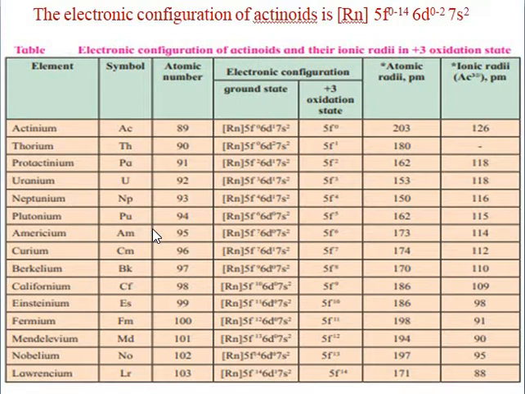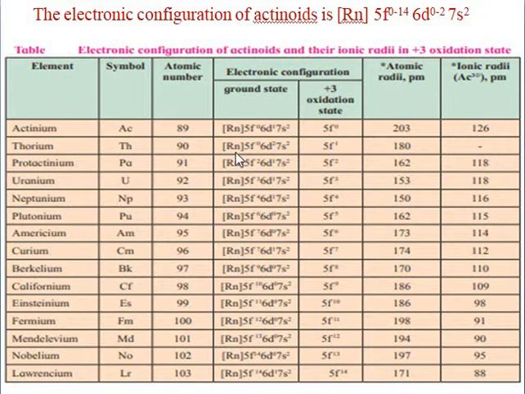Then the electronic configurations of the actinoid series. The general electronic configuration is radon 5f0 to 14, 6d0 to 2, 7s2, and this is the general electronic configuration for actinoid series.